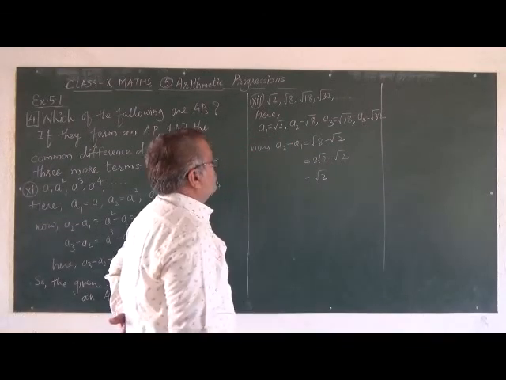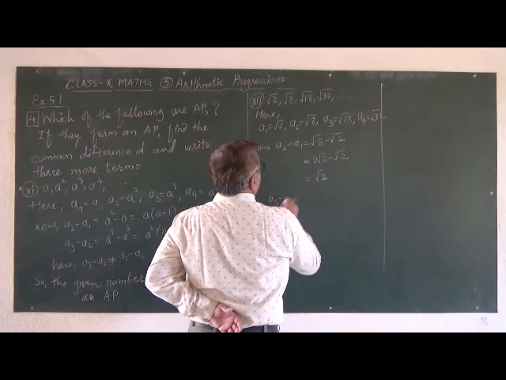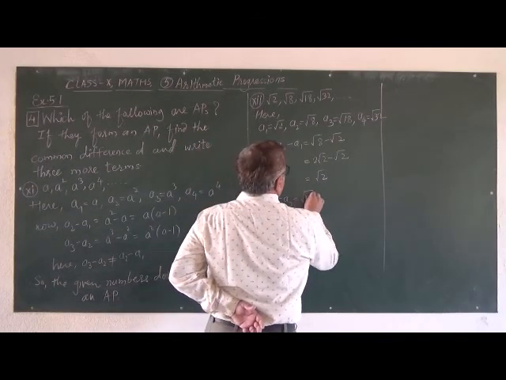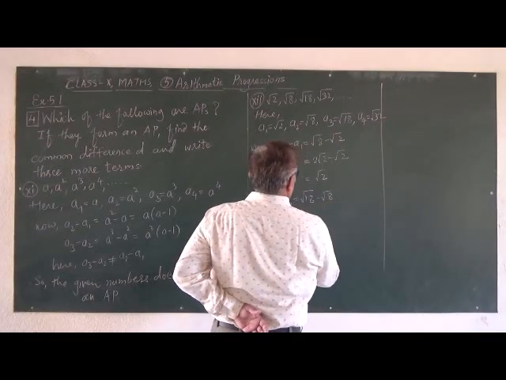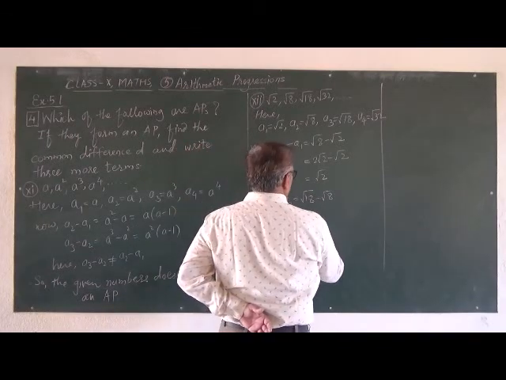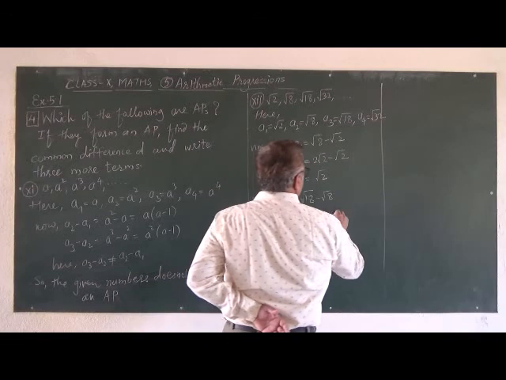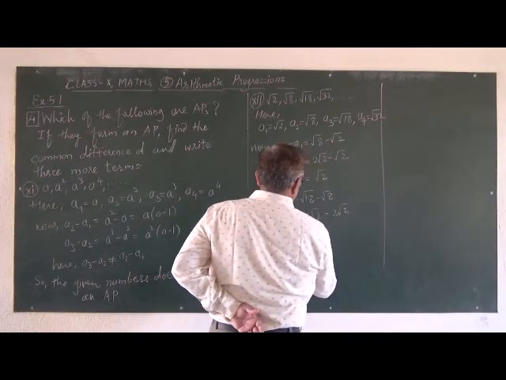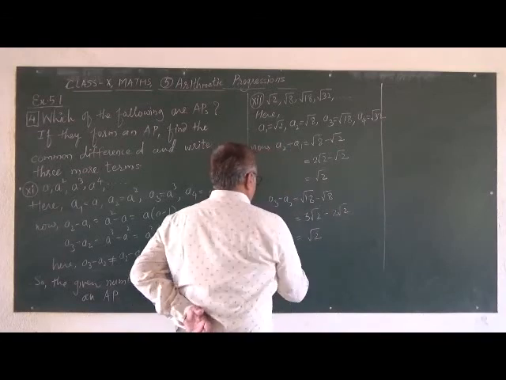So root 2. Now A3 minus A2. A3 is root 18 and A2 is root 8. Root 18 can be written as 3 root 2 minus root 8, which can be written as 2 root 2. So 3 minus 2, that is 1 again. So root 2.